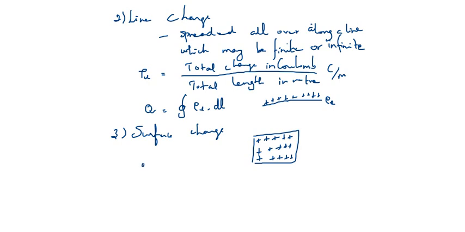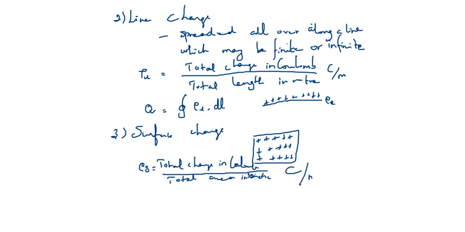So this is given by rho s, the total charge in Coulomb by total area in meter. So area, you know, it is meter square. So you can write it as Coulomb per meter square.